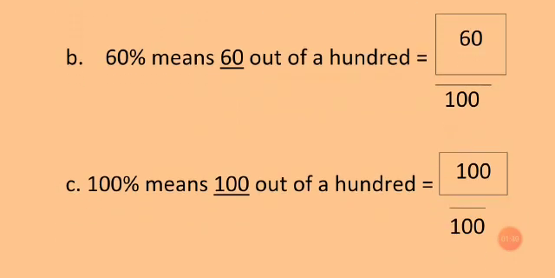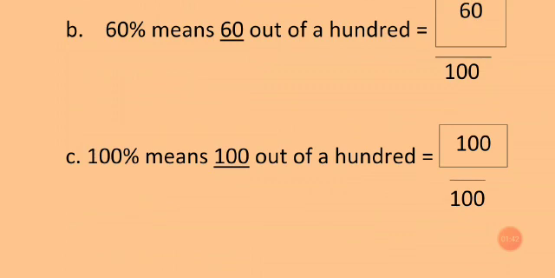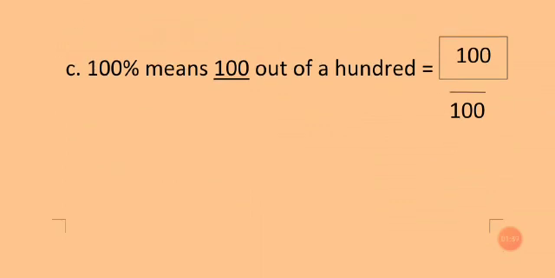1B, 60% means 60 out of 100, which equals 60 over 100. 100% means 100 out of 100. If we are taking all the 100 out of 100, that means we are taking the whole, which is equal to 1.